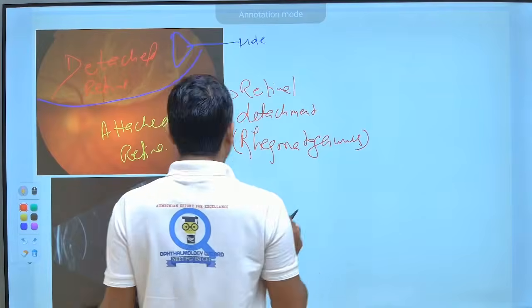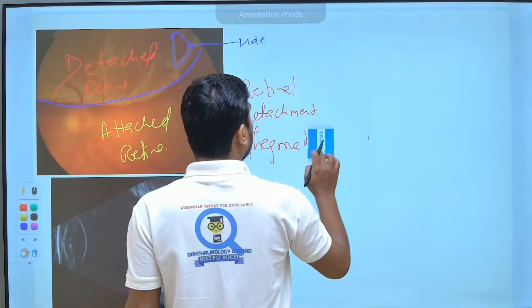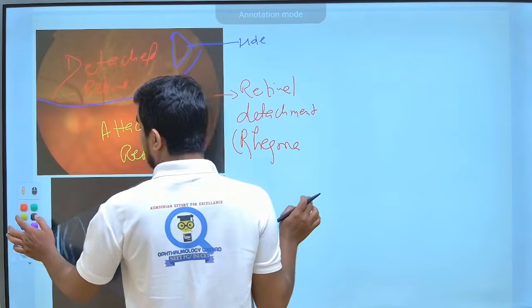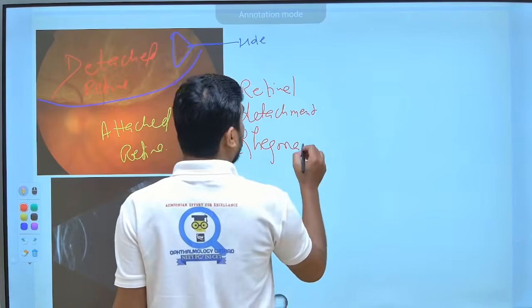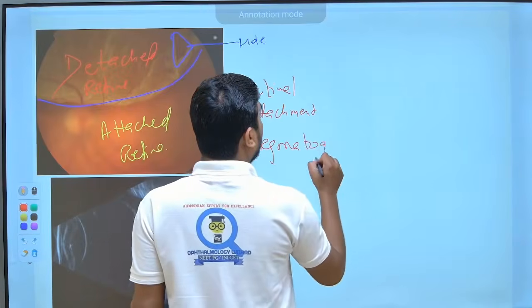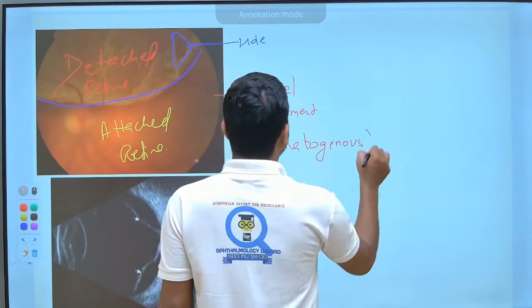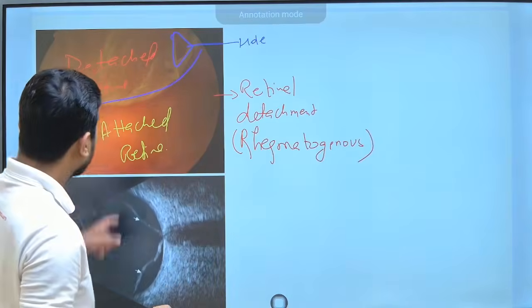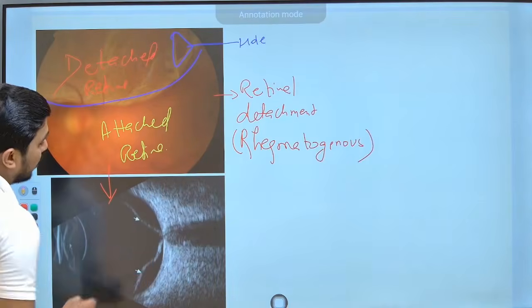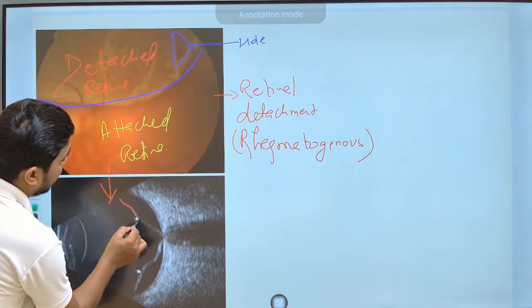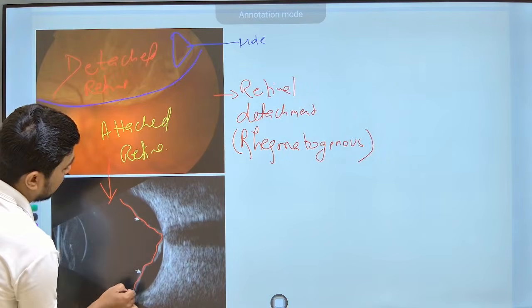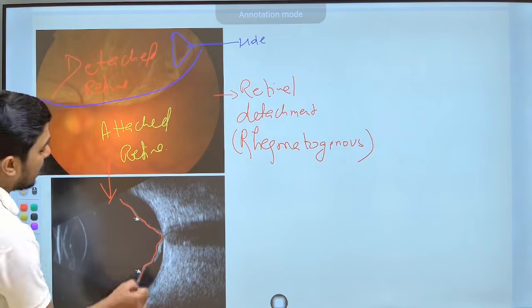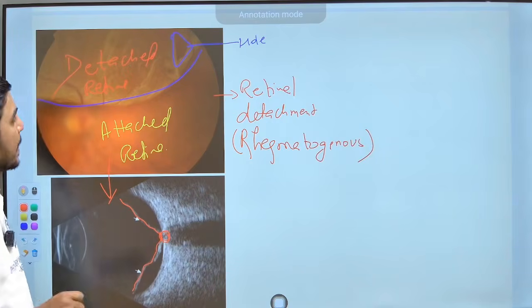Okay, this is what type? Rhegmatogenous type. Okay, you see the corresponding B scan. This is the retina detached, only attached at the optic disc.